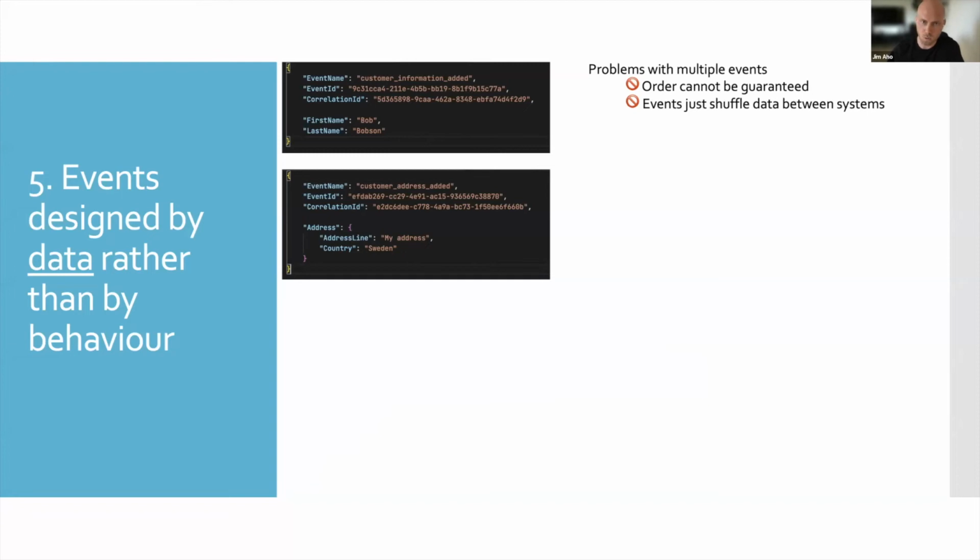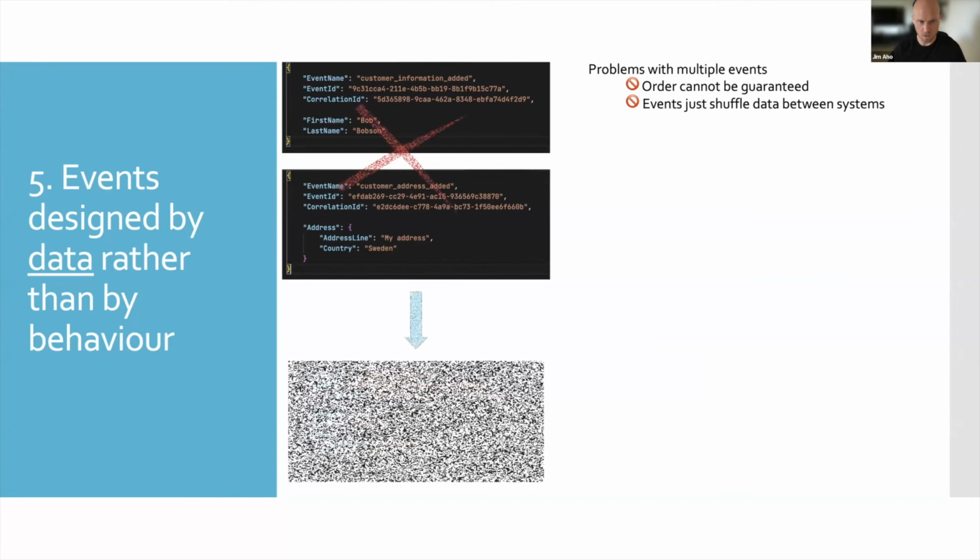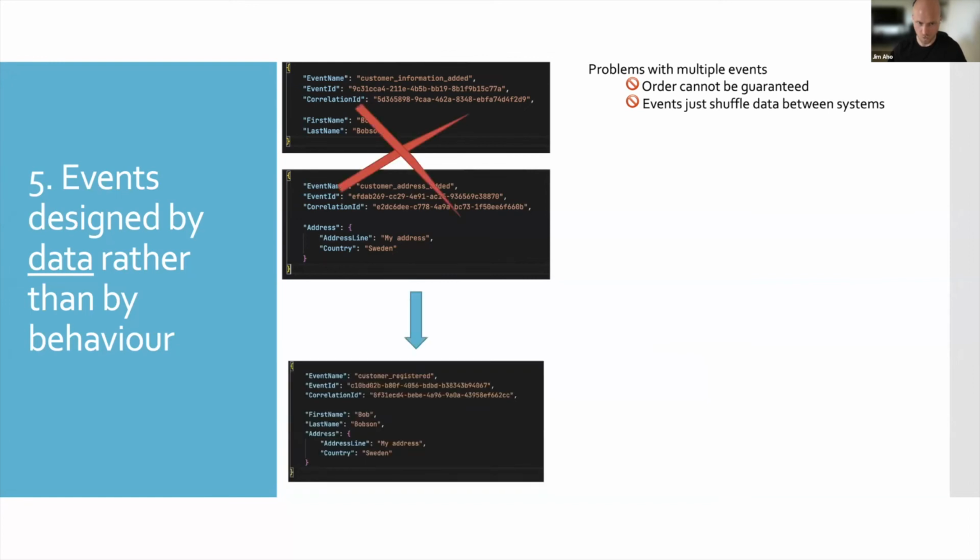A much better thing instead is to focus on what's actually happening. Well, a customer is registered. That's what we want to know about. So you should ignore those two events at the top and instead focus on maybe one event with an explicit name, customer registered, which has the first name and last name and the address if that's what's interesting.